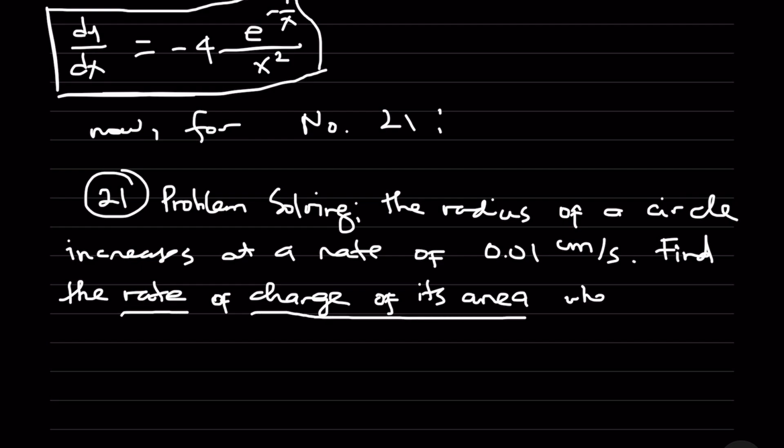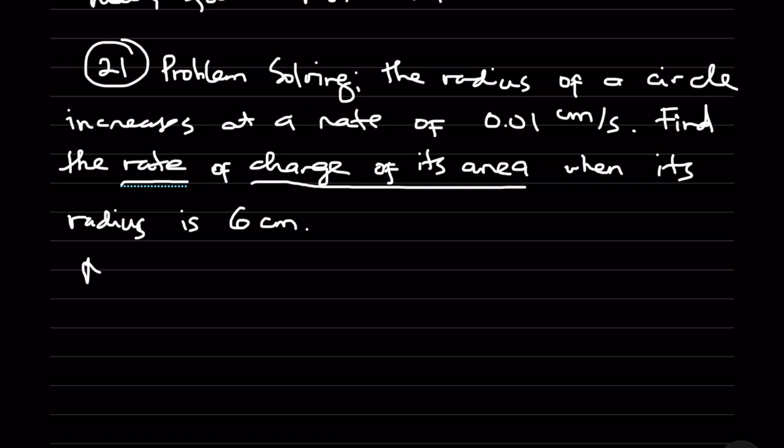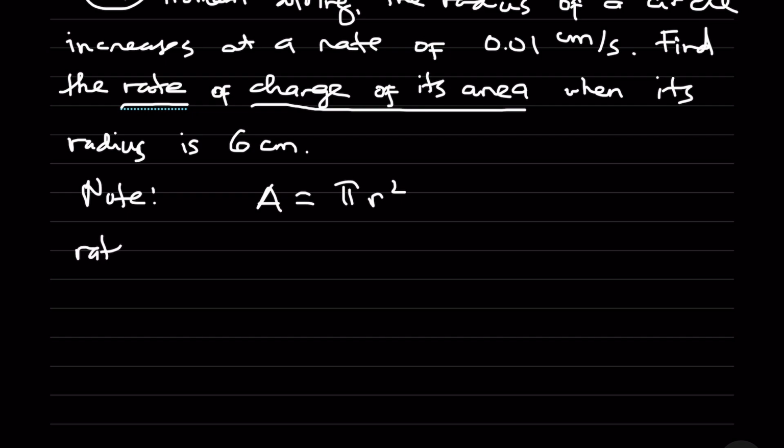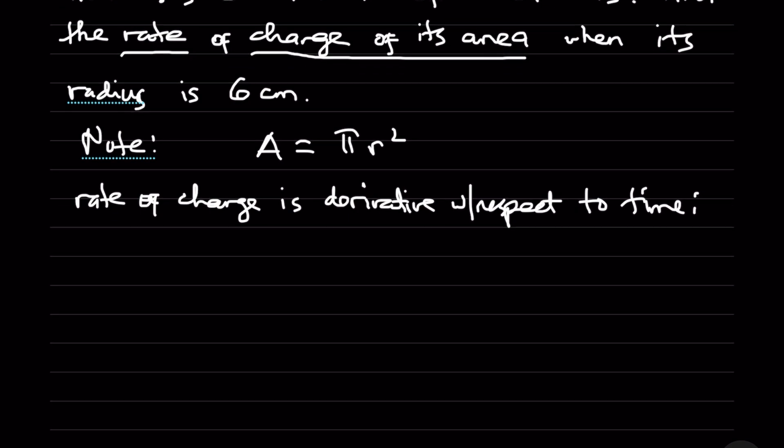So when we're talking of the rate, we take note that we are concerned with the derivative of a variable with respect to time. So find the rate of change of its area when its radius is equal to 6 centimeters. The equation for the area of a circle is A equals pi times r squared. So again, for the rate of change, we are concerned with the derivative of the variable with respect to time.